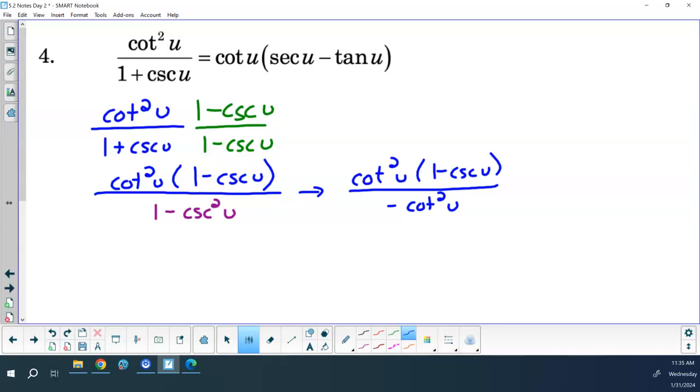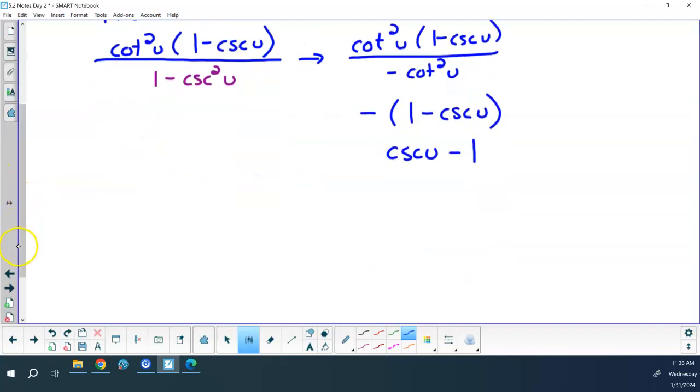But that leaves me with negative 1 times 1 minus cosecant of u. So that's going to be cosecant of u minus 1, which is 1 over sine minus 1.